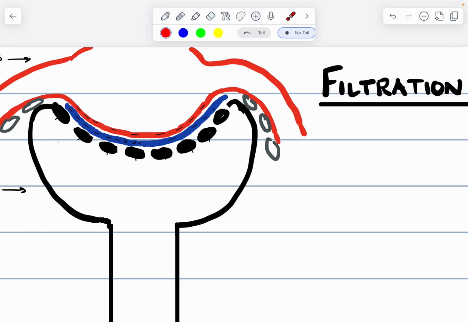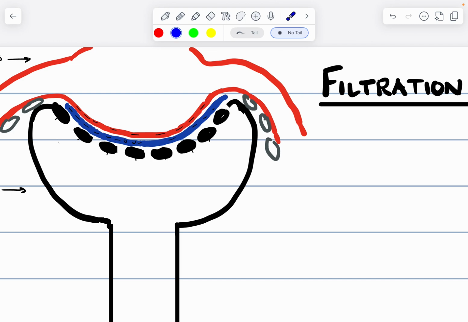That part right there kind of circles the capillary of the glomerulus.